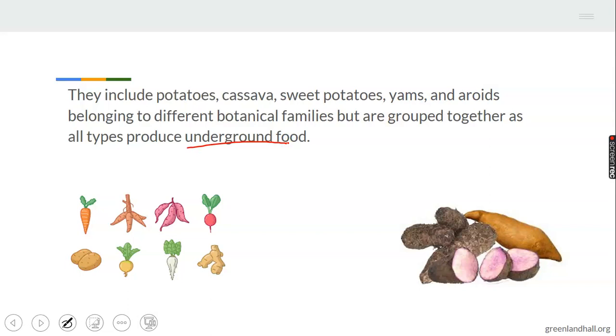They are all underground food, okay? Your yam, your carrots, sweet potato, cassava, every one of them are underground food and they are regarded as tubers, okay? So they are very rich in energy as well, and they should be considered as such.